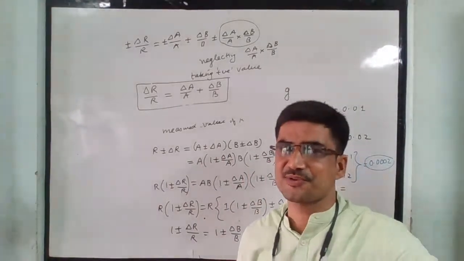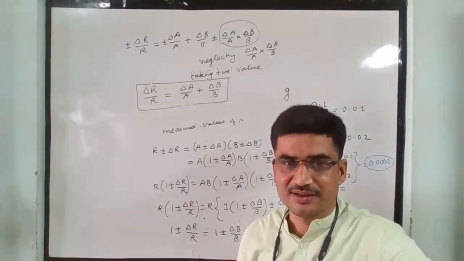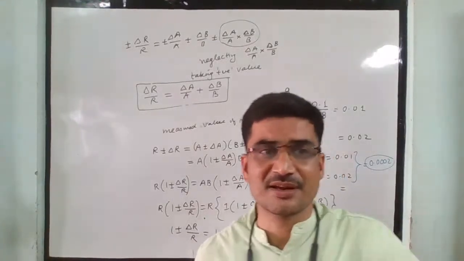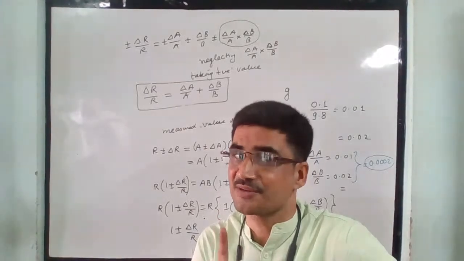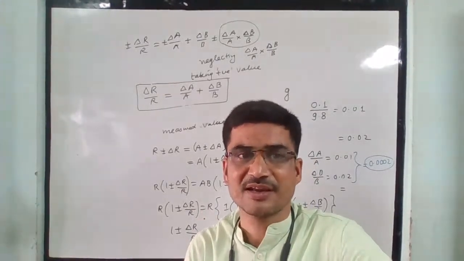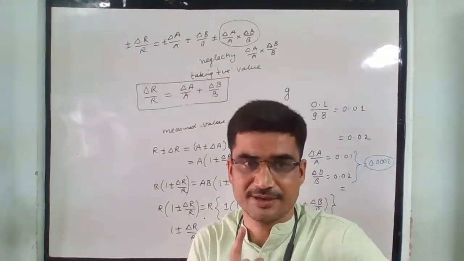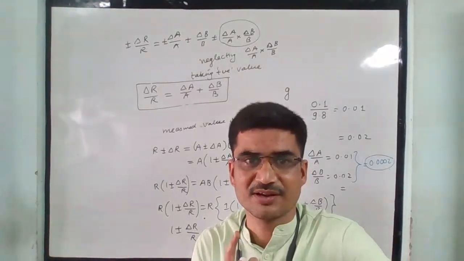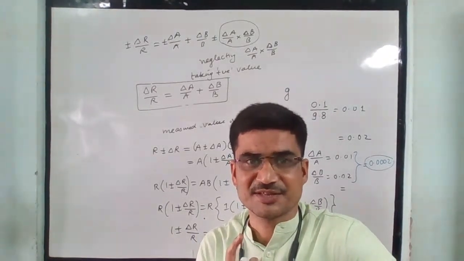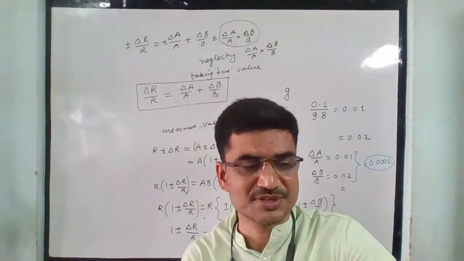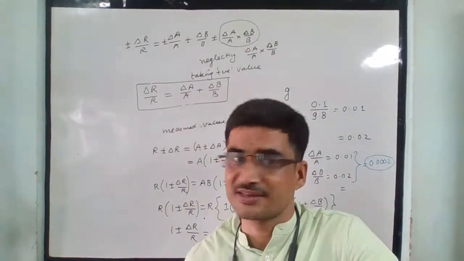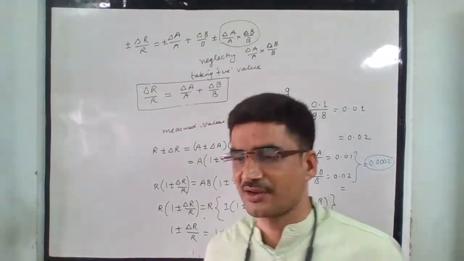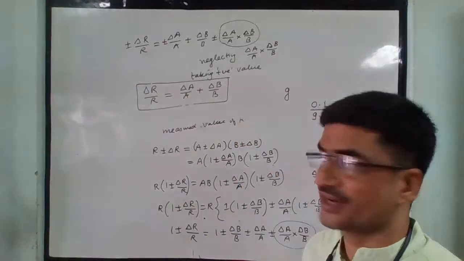Suppose you have to calculate the area. The relative error of length and the relative error of breadth, their sum, remember, not the product, will be the relative error of the area. That is a very special thing, and there are so many questions given in the NCERT textbook, particularly for this topic, so it is very important.